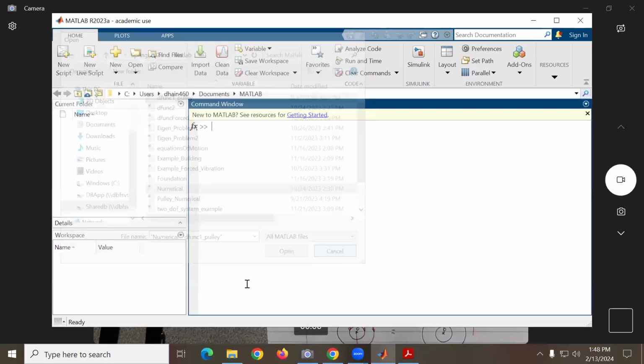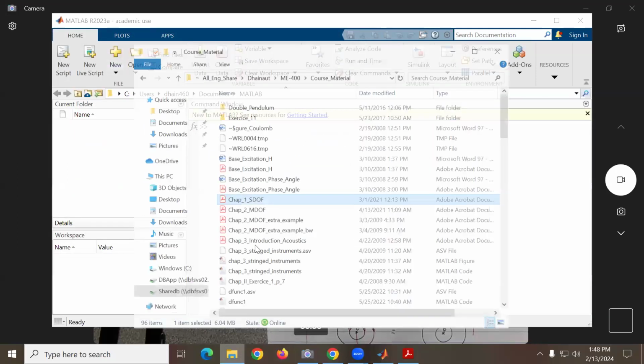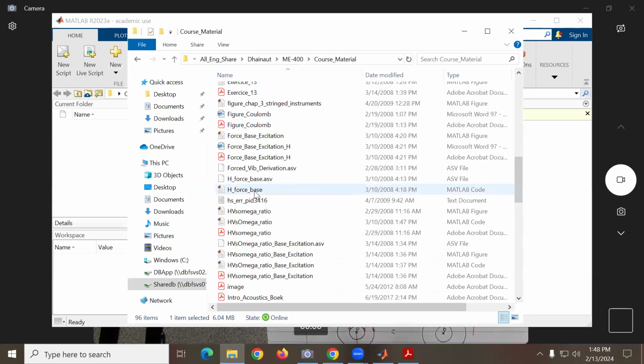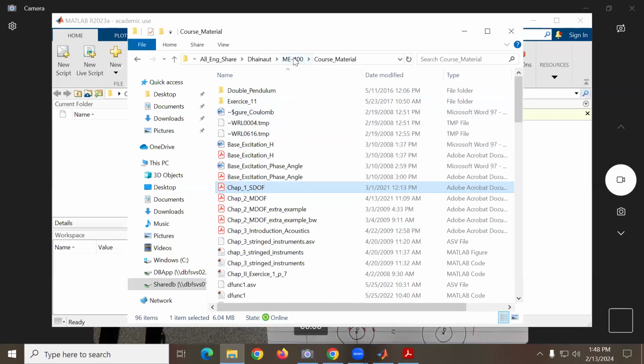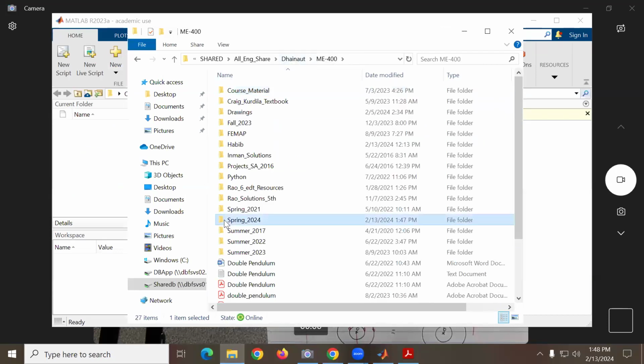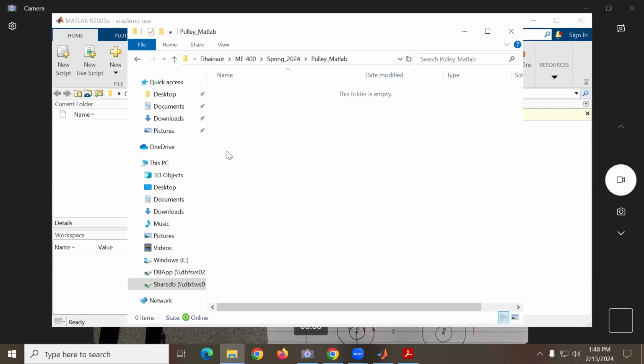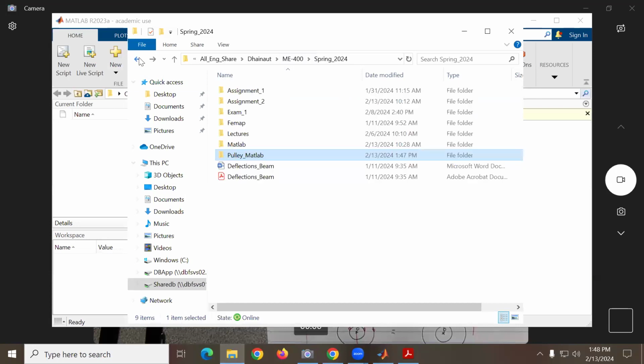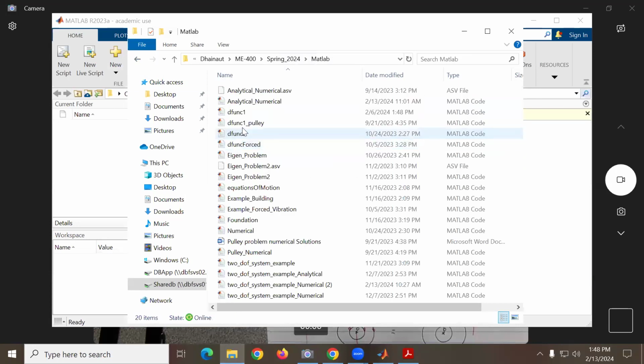Copy. What is this? Spring 2024, pulley. Why didn't the paste work? Okay. All right, MATLAB, let's use DC1 pulley and numerical. Copy.